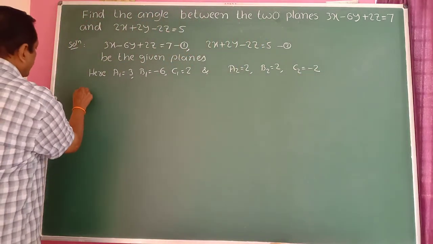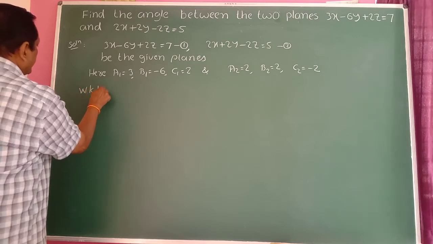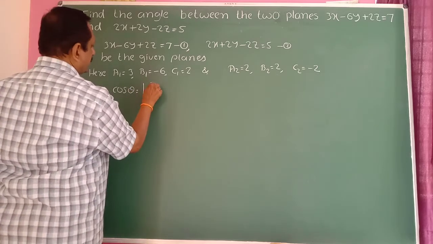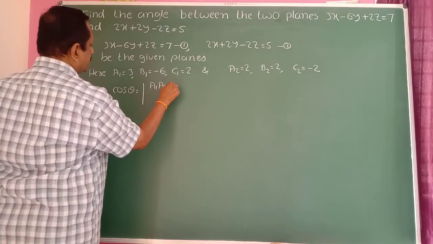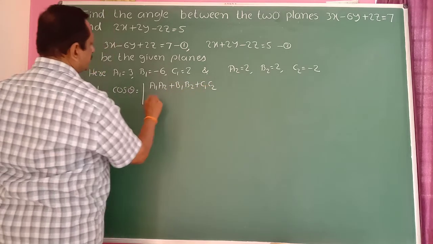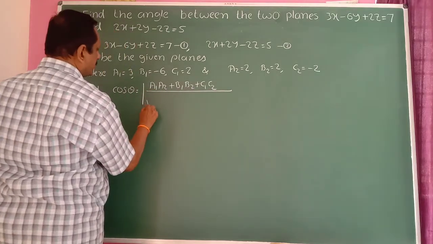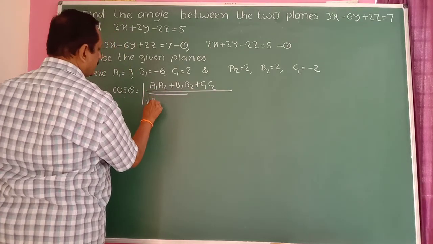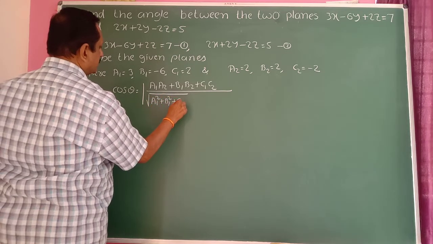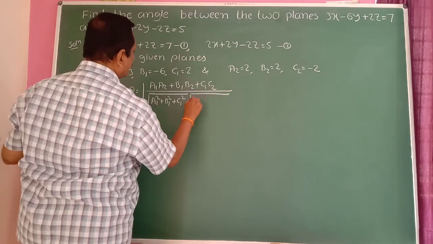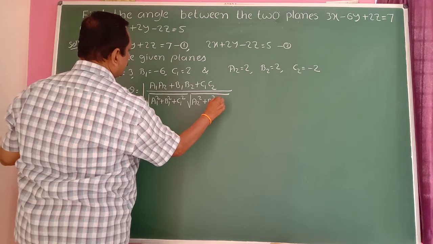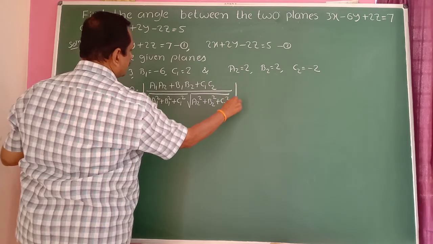Next we know that the angle between two planes is given by cos of theta is equal to modulus of a1 a2 plus b1 b2 plus c1 c2 divided by root of a1 square plus b1 square plus c1 square here, then root of a2 square plus b2 square plus c2 square here.